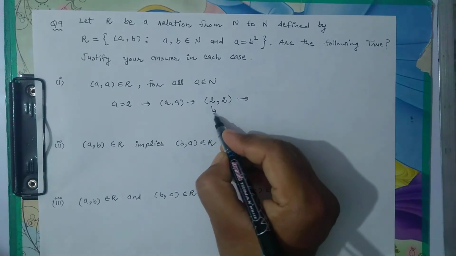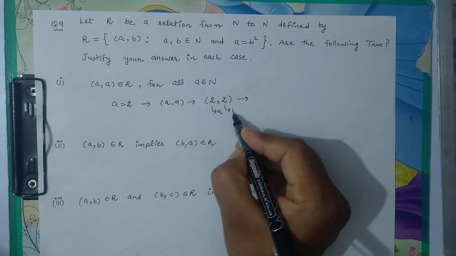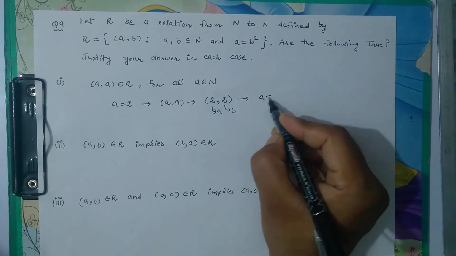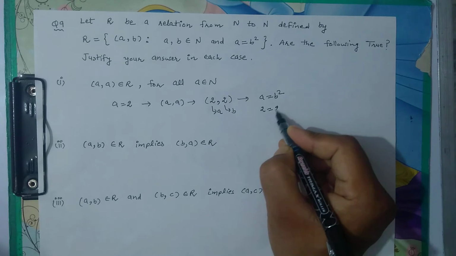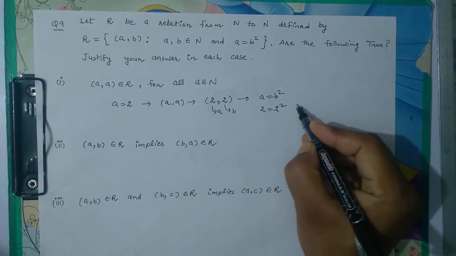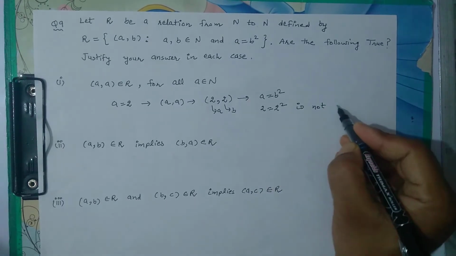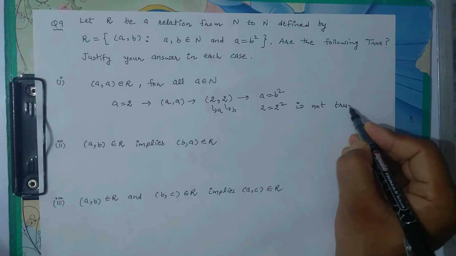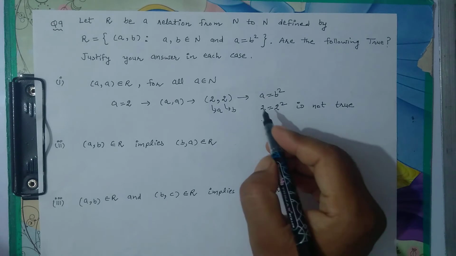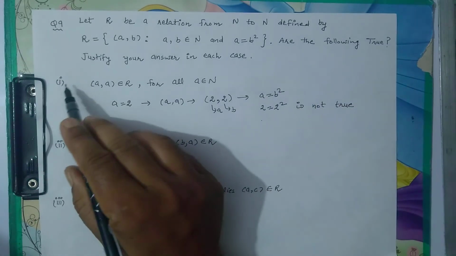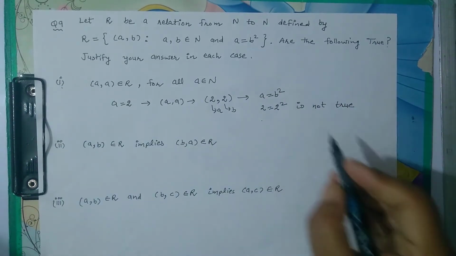This is a, this is b. So a = b² means 2 = 2², which is not true. So statement one is not true.